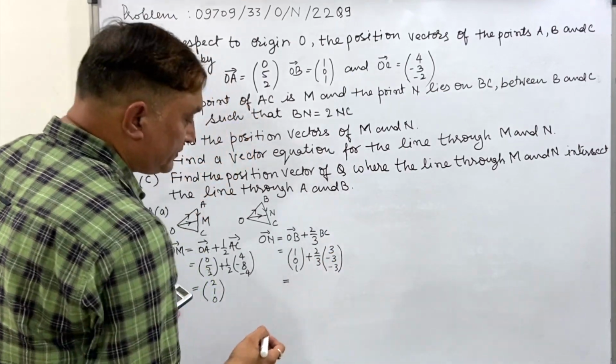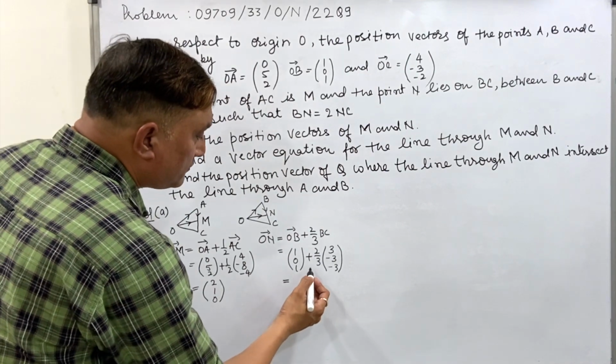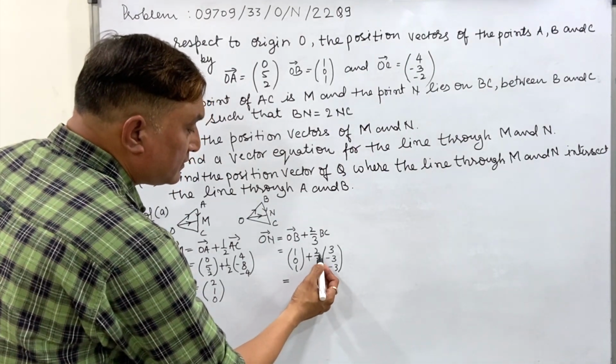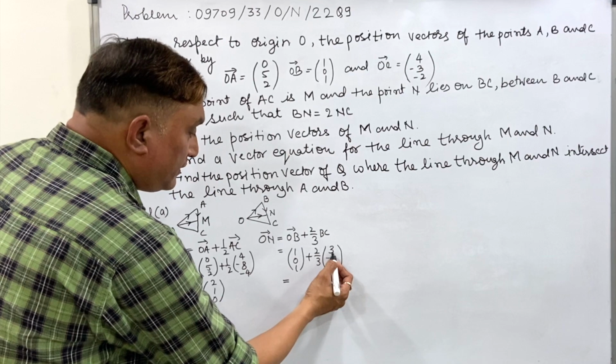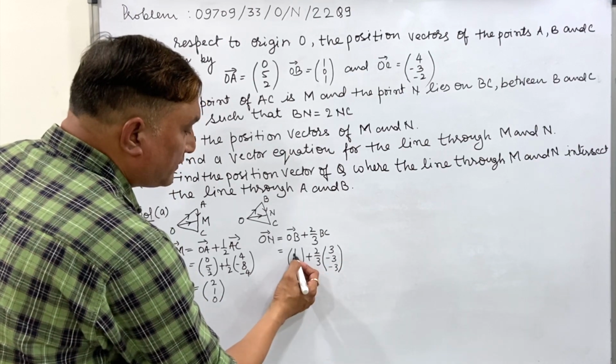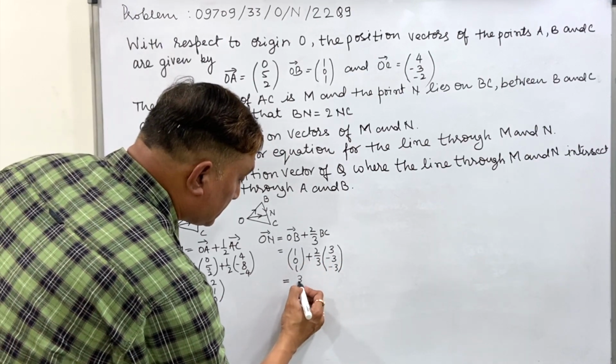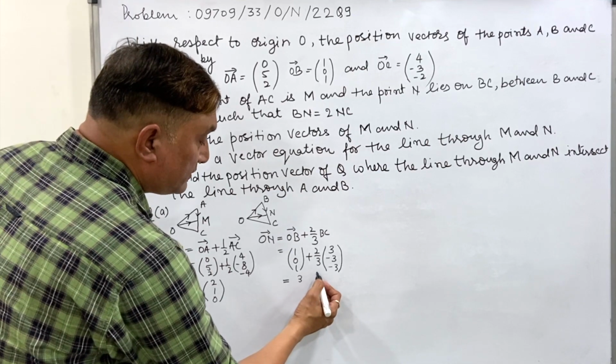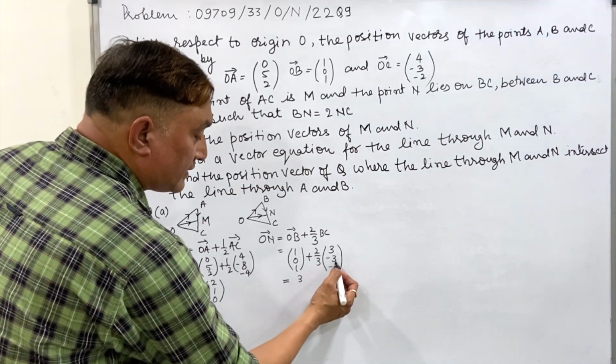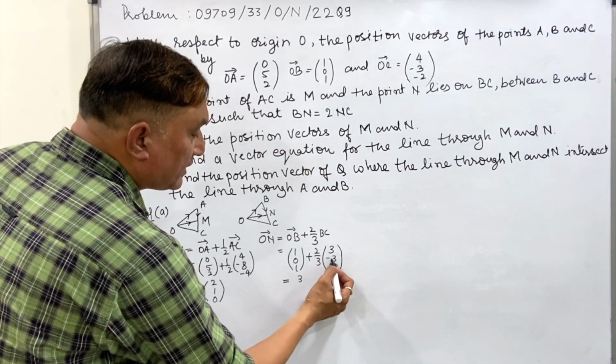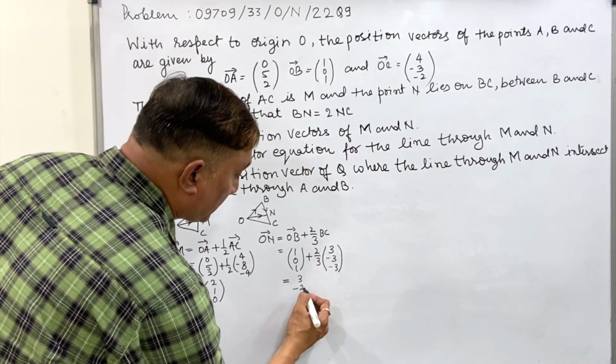So now you will see here, 3 and 3 get cancelled and 1 plus 2 would be 3. Second one, 3 get cancelled, -1 will come, -1 into 2, so this is -2 here.